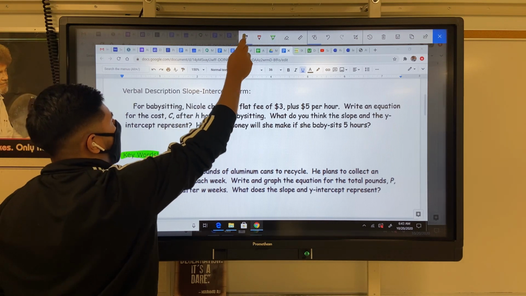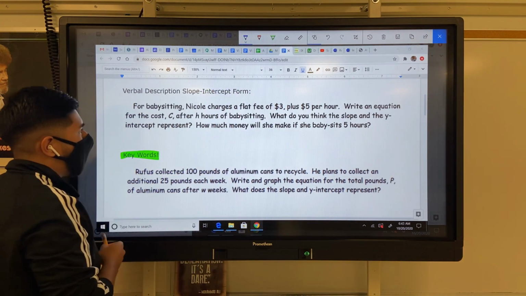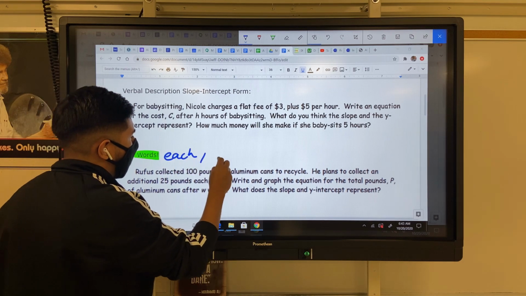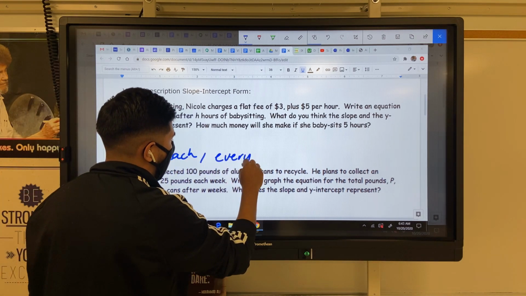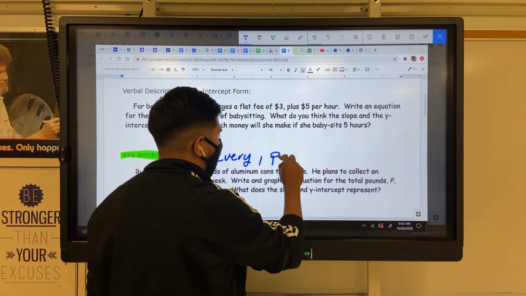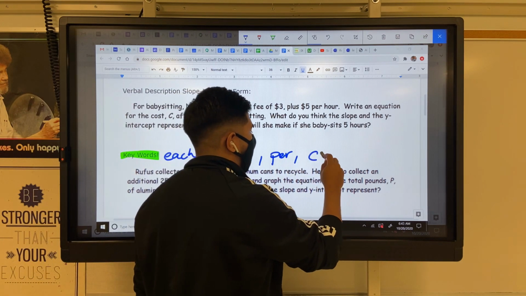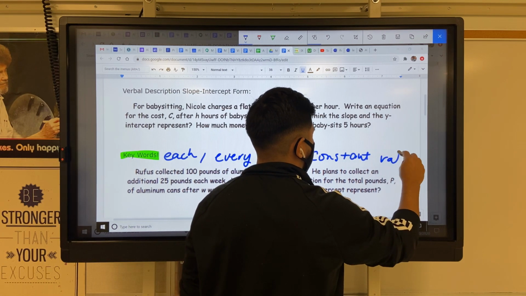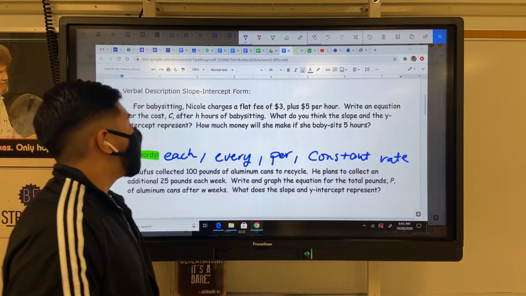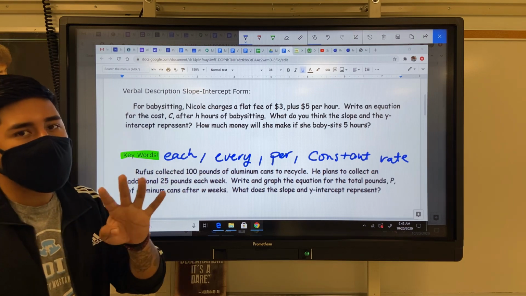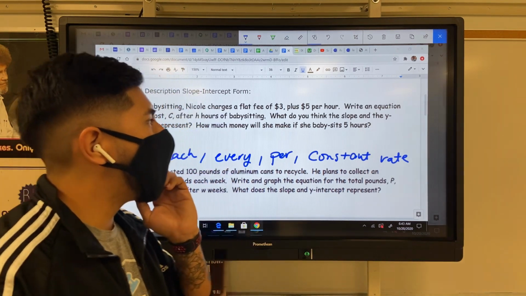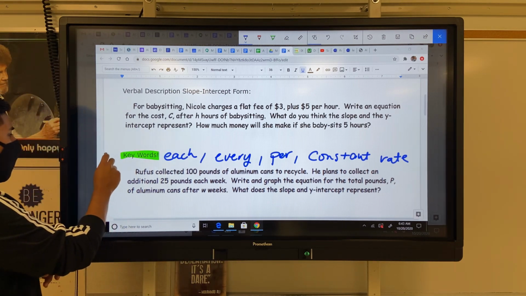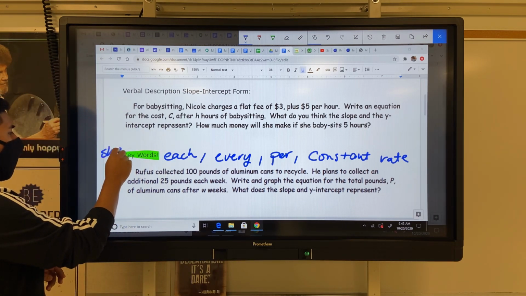Some key words that I know most definitely come out are each, every, per, and a constant rate. So if you look for any of those four words, you should be able to identify your slope. So let's make sure we know these are keywords for slope.